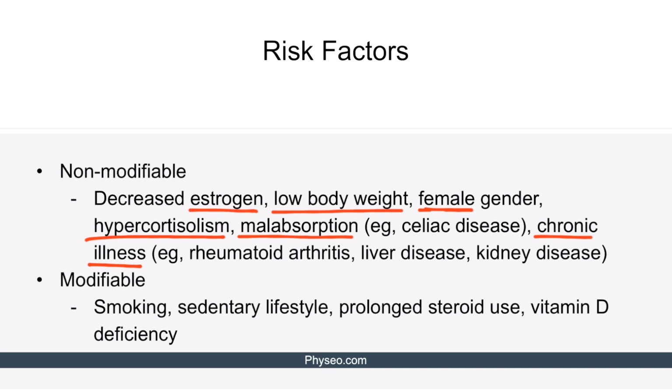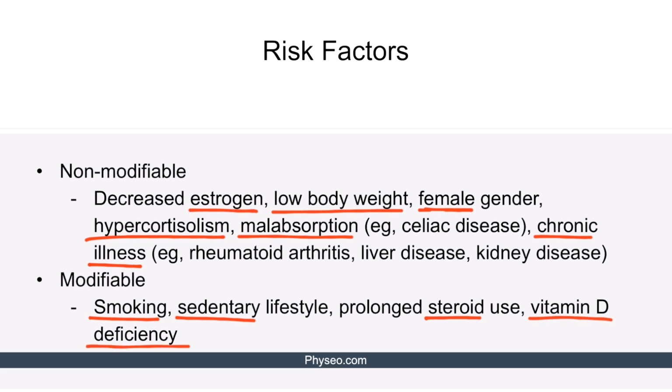Now, females have a lower peak bone mass and smaller end plates at the vertebrae, making those prime targets for this disease process.